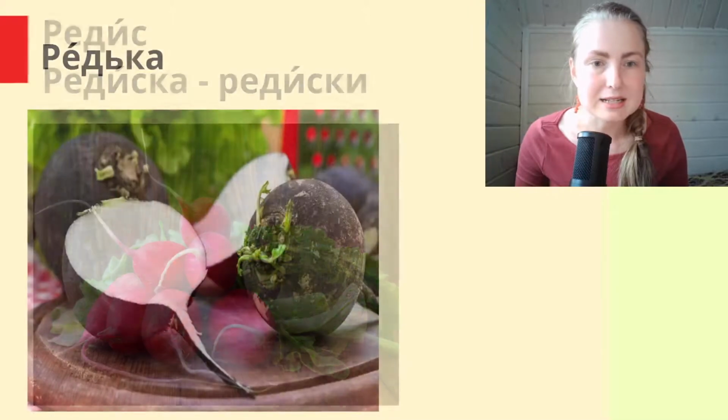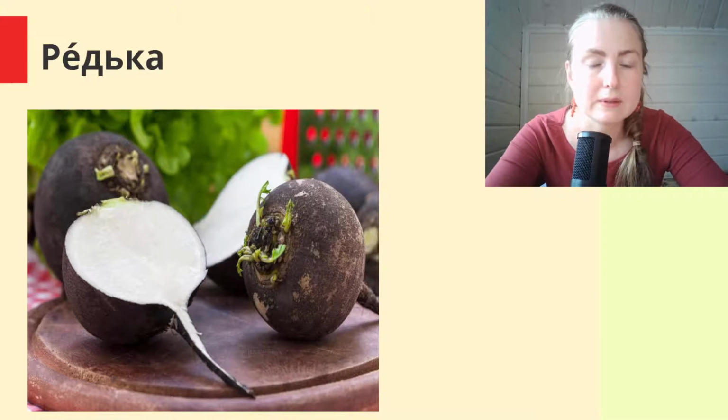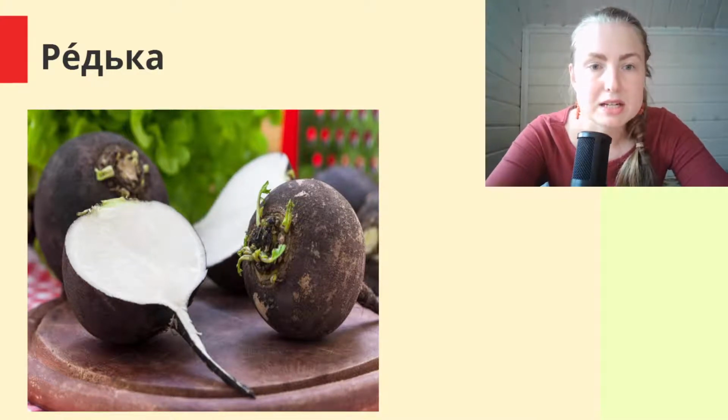Okay. Next word is Ritzka. Ritzka, it's a black radish. Pay attention to its pronunciation. Here we write Redka, but pronounce it like Ritzka.